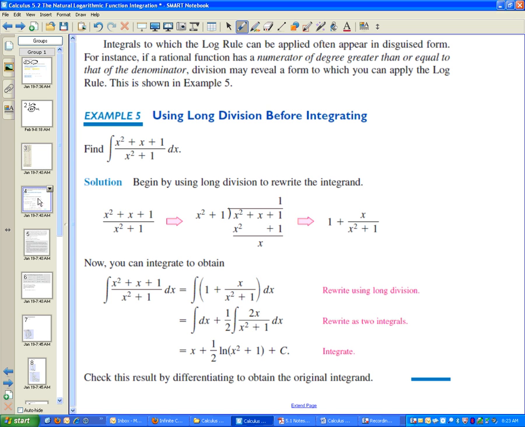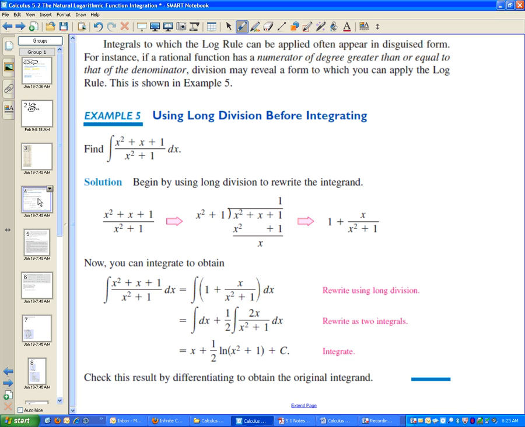I do want to go over some of them with you. Example 5. I know how much you guys love long division with polynomials. So when you look at example 5, if you try the things we've done in the past with a u, you'd say let u equal x squared plus 1. So then du would be 2x dx. I don't want the 2. I can get rid of that.